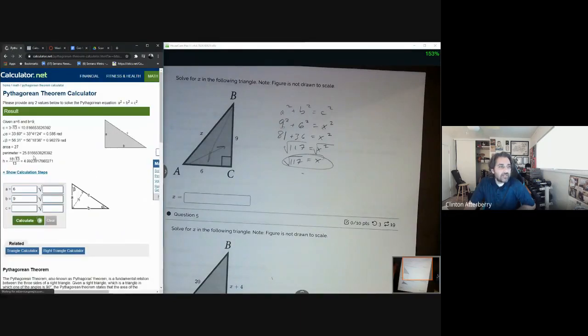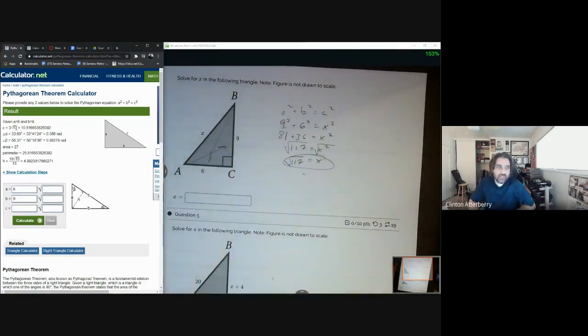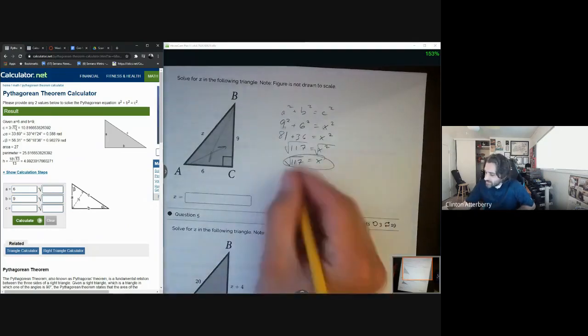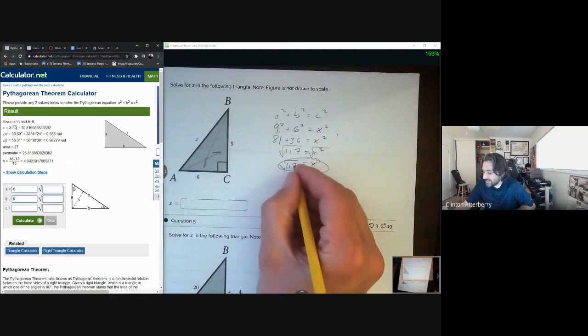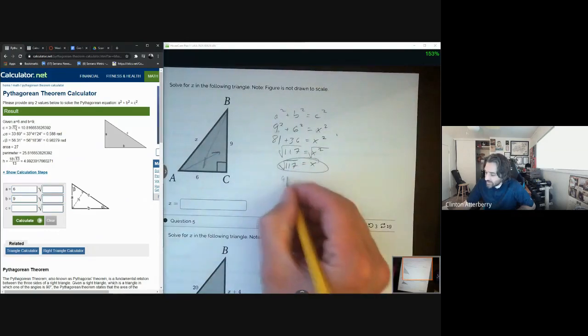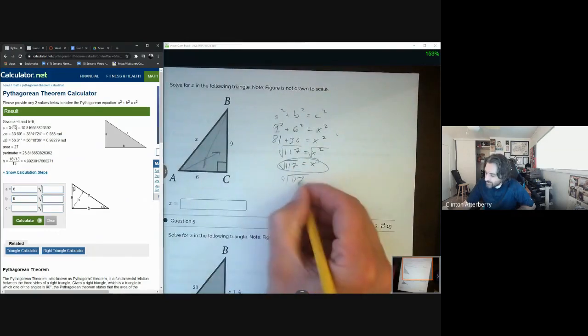So if I calculate this, I get 3 times the square root of 13, which is the simplified version of the square root of 117. 117 does divide by 9, because 1 plus 1 plus 7 equals 9. It's that weird trick. So there are ways to simplify that. We're not going to simplify that right now.